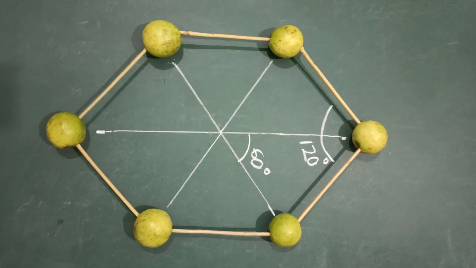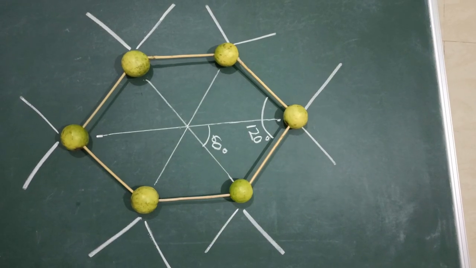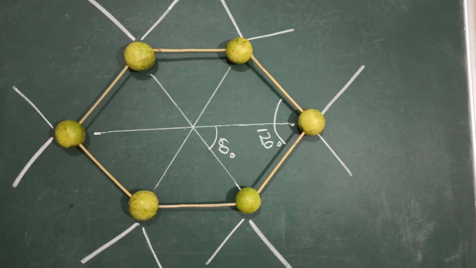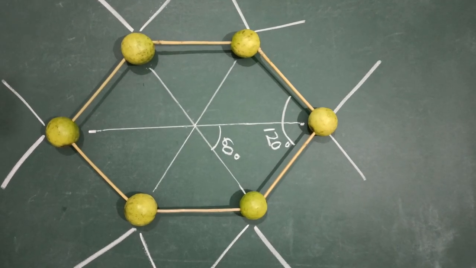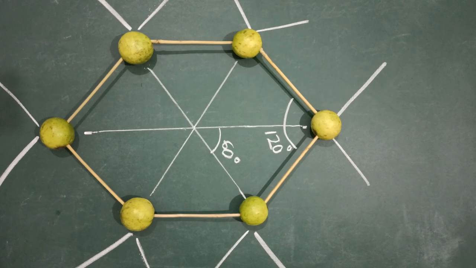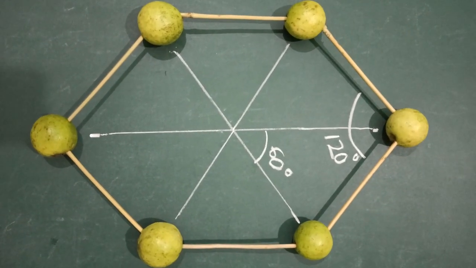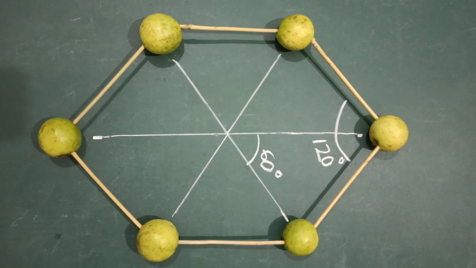But since all carbon atoms are single bonded and sp3 hybridized, the bond angle should be 109.5 degrees, which cannot be maintained by this flat or planar hexagonal model, which shows a 120 degree bond angle.